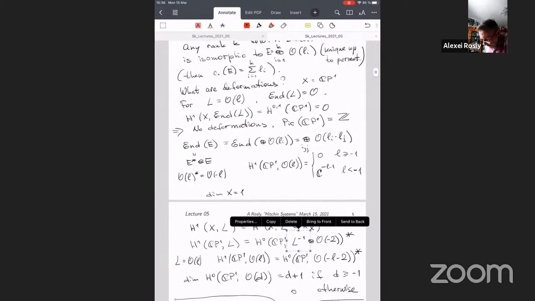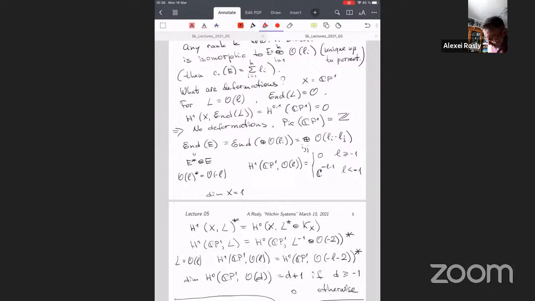Now we see that if you look at our endomorphism bundle, each one of the endomorphisms doesn't have to be 0, because in such a decomposition we may easily find some degrees whose differences are less than minus 1.